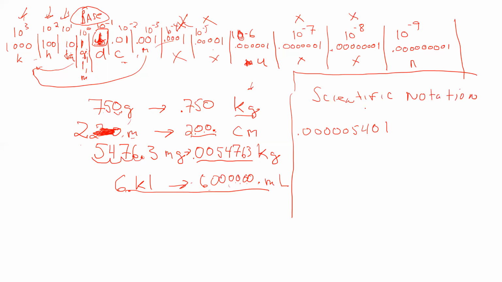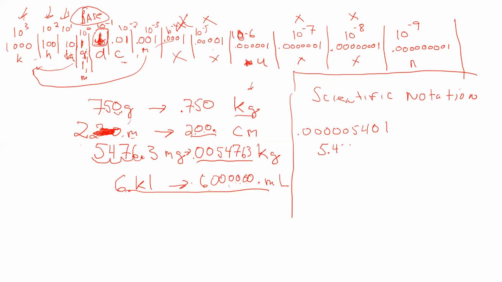So what you do is, this is a small number, right? This is going to be a minus exponent, correct? Does that make sense? So you take the first whole number which is not a 0, which is 5, and put a decimal point, then 4, and you can put the 01 if you want, but you really don't have to.